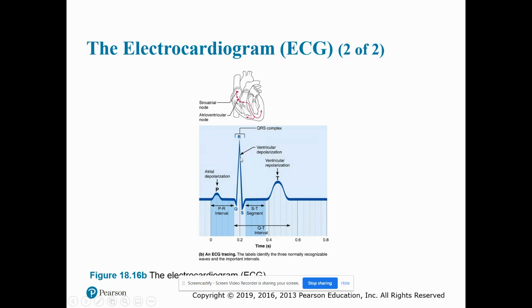If ventricular depolarization was not there, there would still be something smaller here, and it would be for atrial repolarization. And then we have the T wave, and this is ventricular repolarization. And then we also have the segments, the PR interval from here to here, the ST segment from here to here, and the QT, so Q is here, all the way to the end of the T wave.